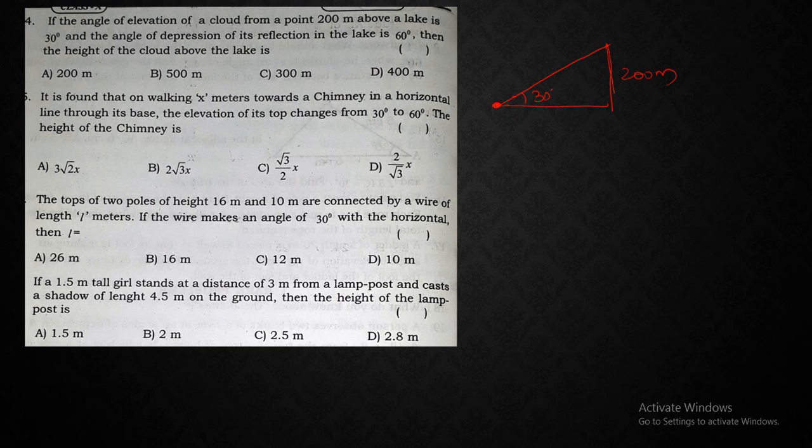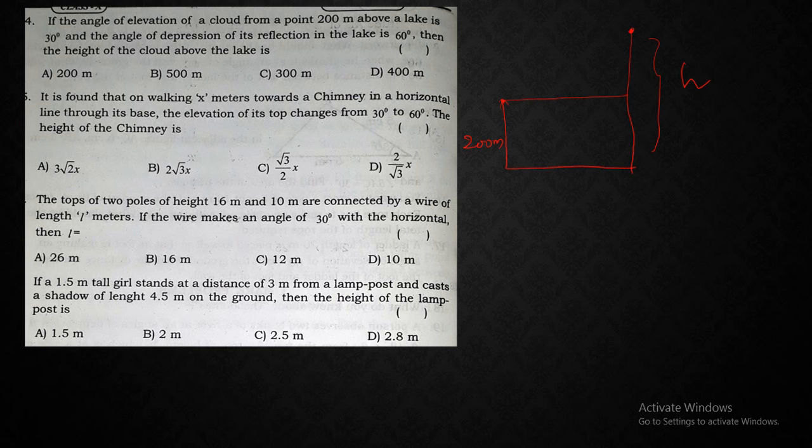So what he has given, the angle of elevation of a cloud from a point 200 meters above the lake, so there is a lake here, and above this lake there is a point 200 meters high, so from this point he is observing the cloud. Then this is the height of the cloud, so this is h.